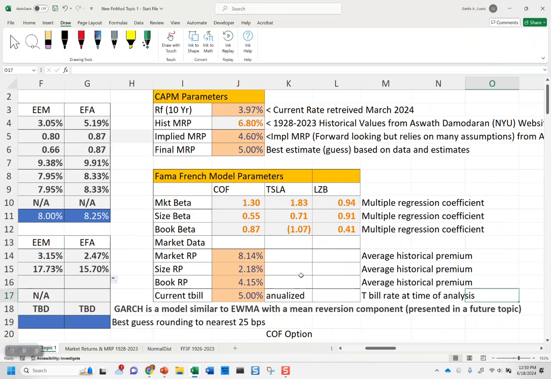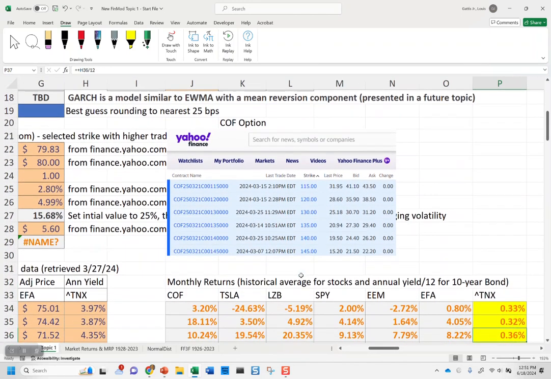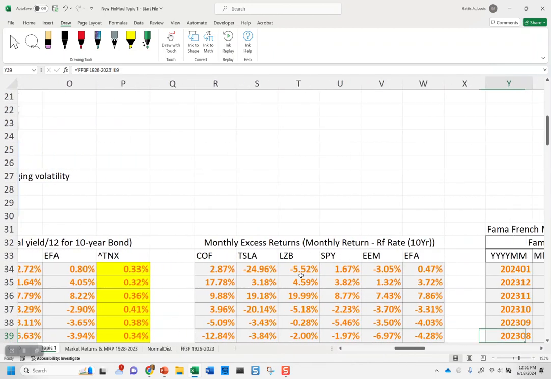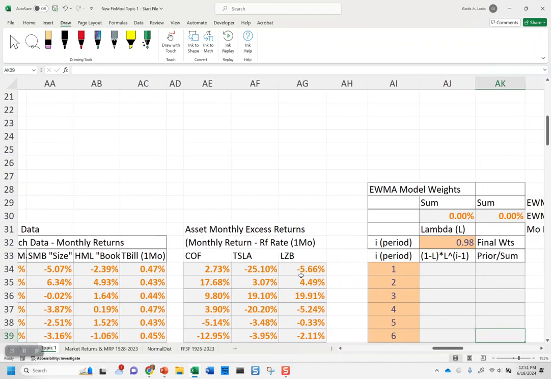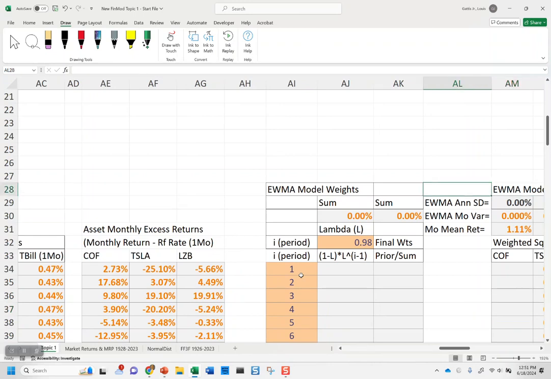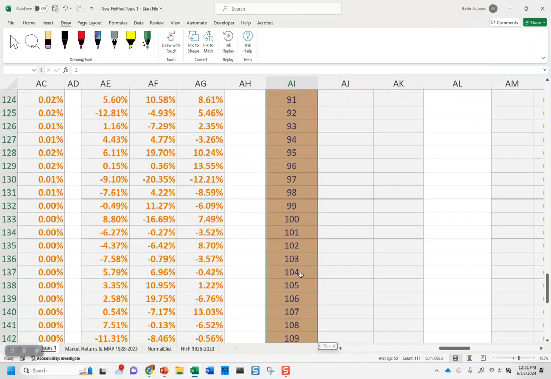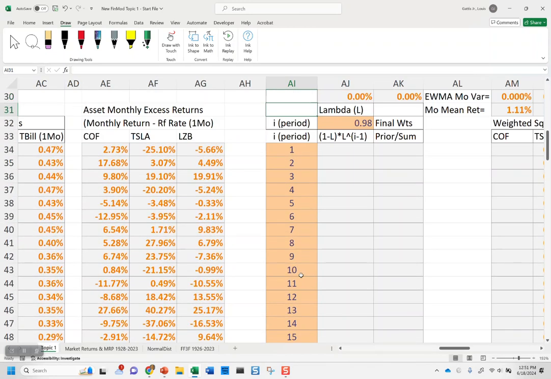So I'm going to go down here. I have a little section set up here called EWMA. And the first thing I did is I just numbered my spreadsheet from the first observation to the 117th observation.